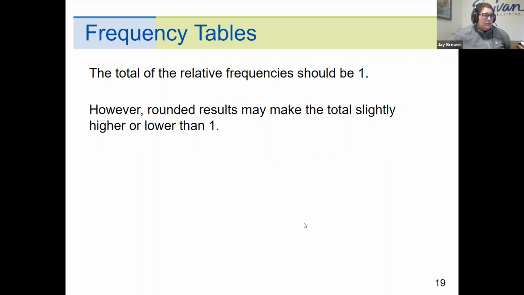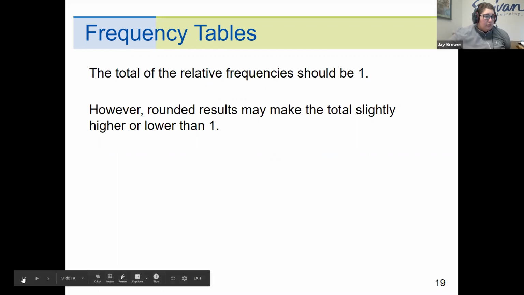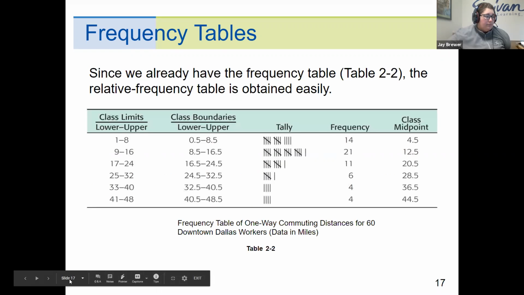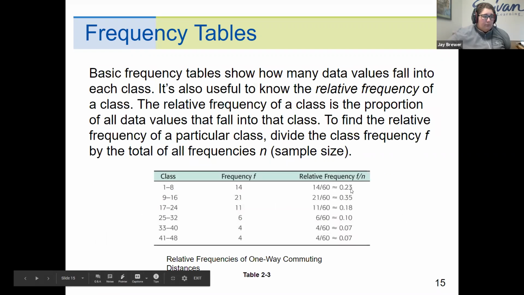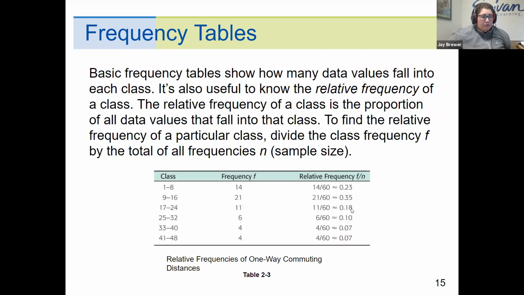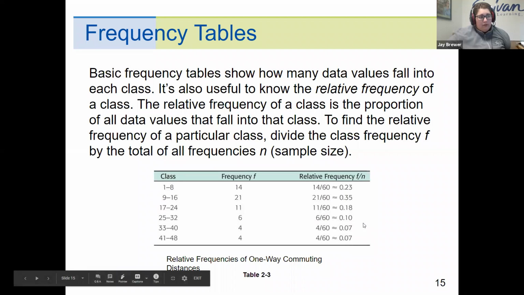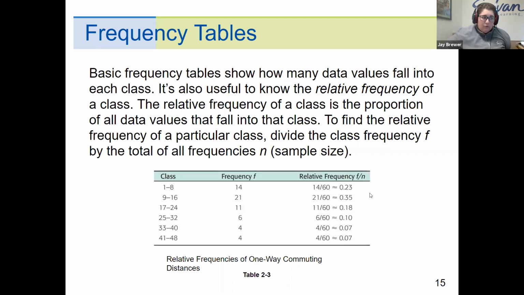Relative frequency will be something you'll be asked about, so definitely know how to do it. The total of the relative frequencies should always be equal to 1. So if we come back here, if you take 0.23 plus 0.35 plus 0.18 plus 0.10 plus 0.07 plus 0.07, you should get 1.